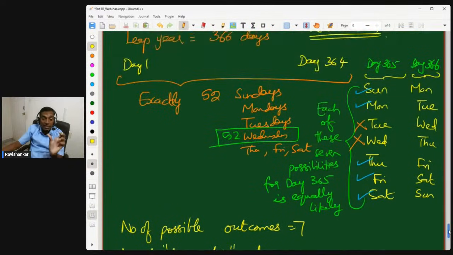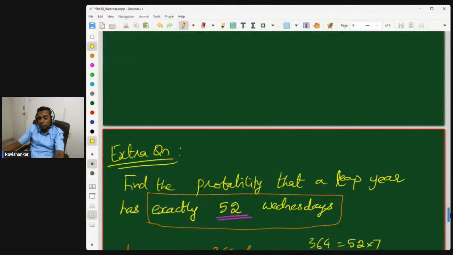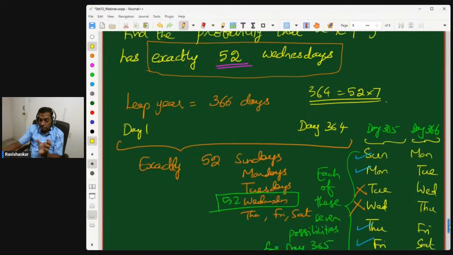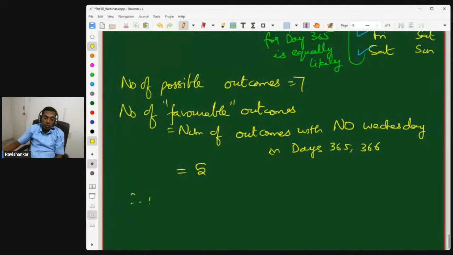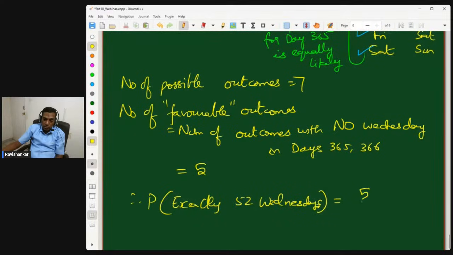Why? Because we want exactly 52. The question says find the probability that a leap year has exactly 52 Wednesdays. Therefore, P of exactly 52 Wednesdays is equal to 5 by 7.